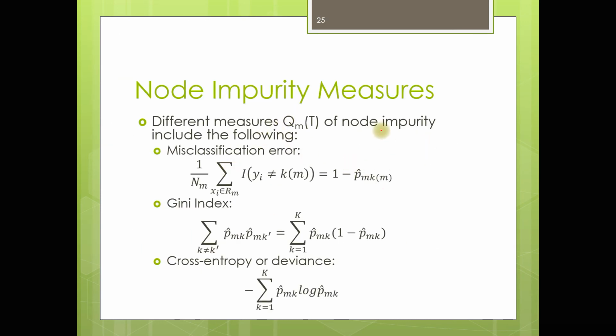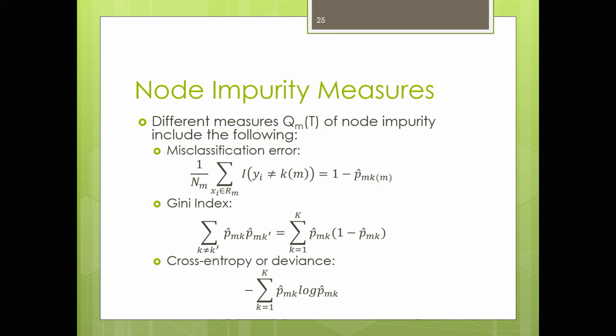And as you would note, the misclassification error rate is relatively intuitive and simple for implementation. But nevertheless, it has a disadvantage, that it is not a differentiable function. What do I mean by differentiable function?